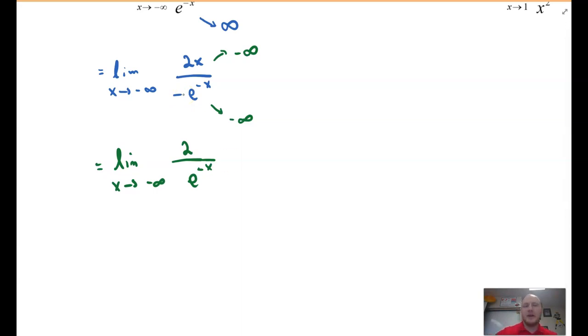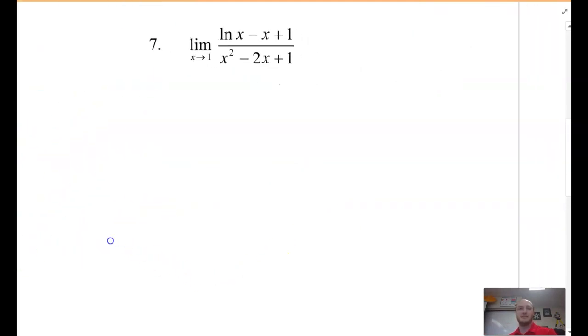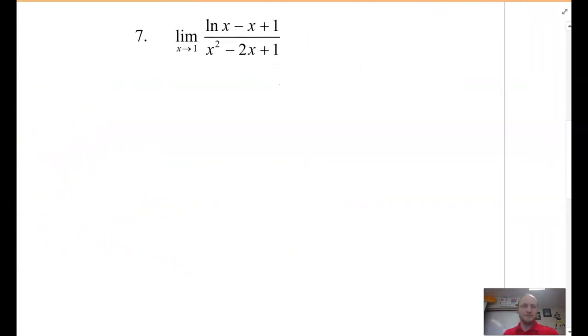Okay, so then I plug in infinity, and we get 2 over infinity, and that's just 0. All that work for 0 for nothing? That's calculus.